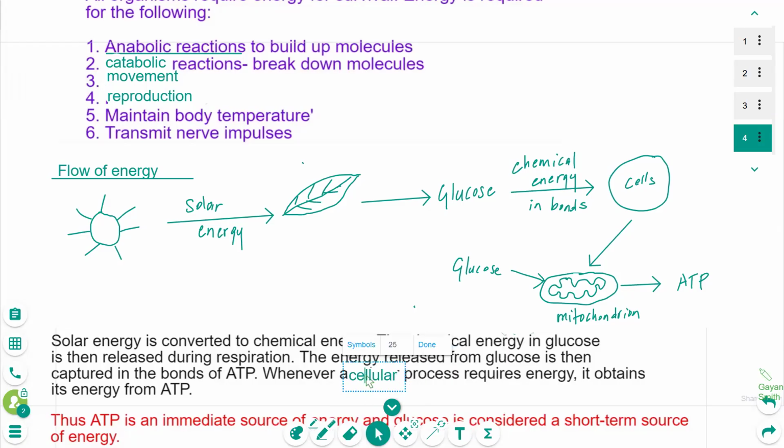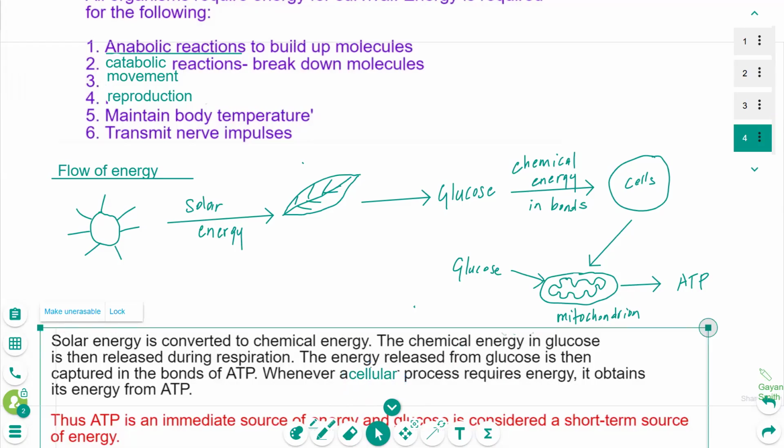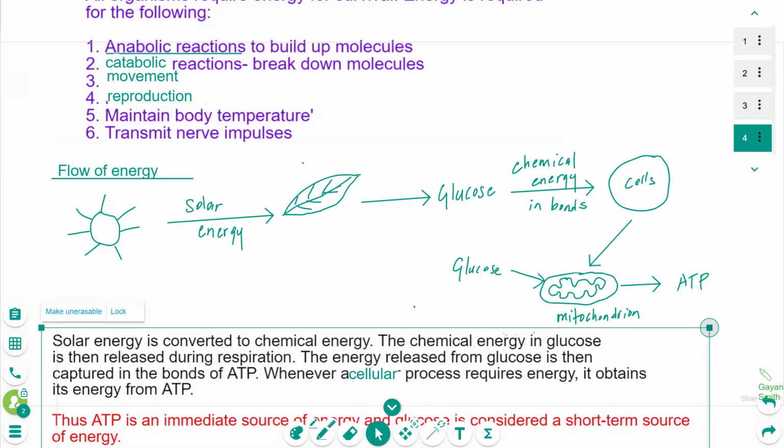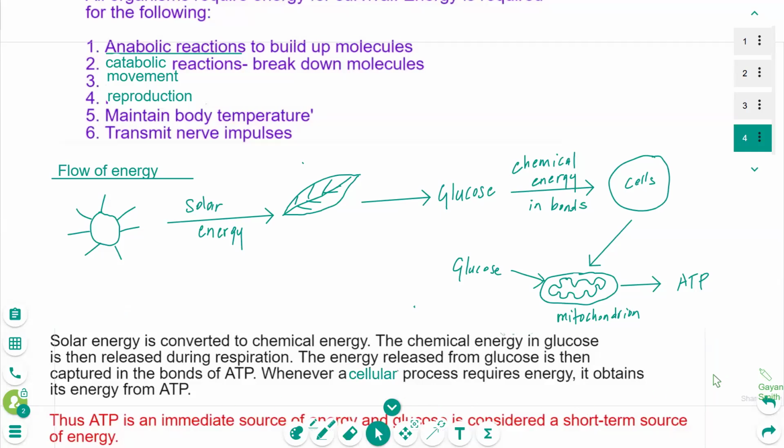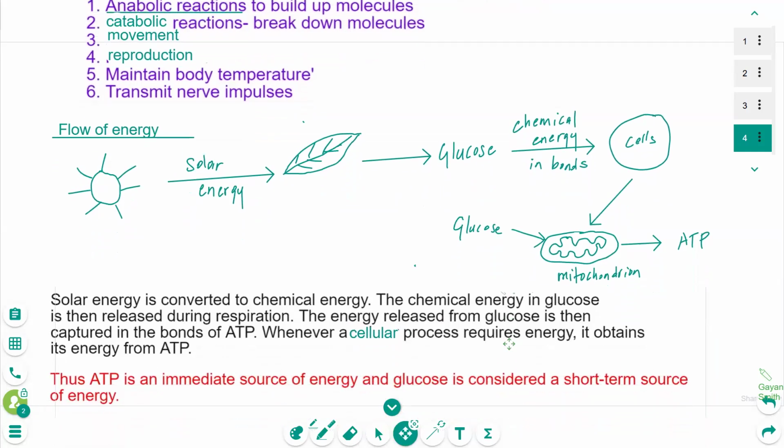But the energy in the ATP originally did come from glucose. So we say that ATP is the immediate source of energy, and glucose is considered the short-term source of energy.